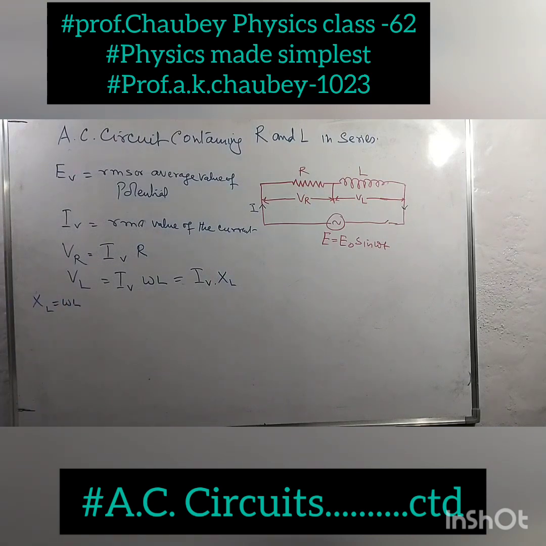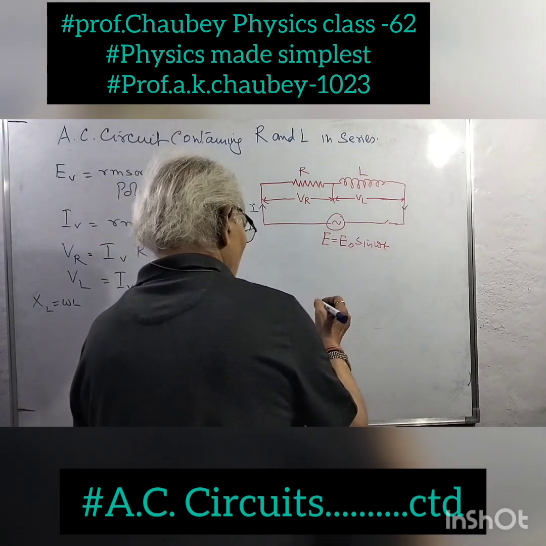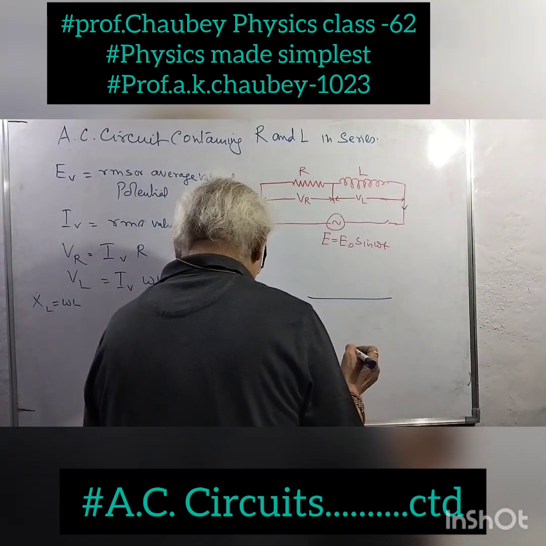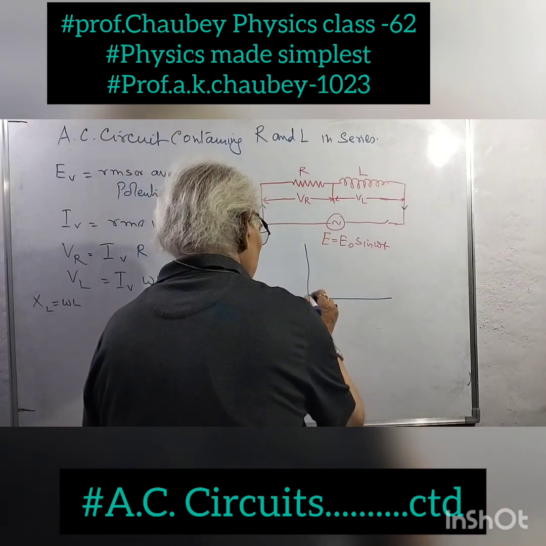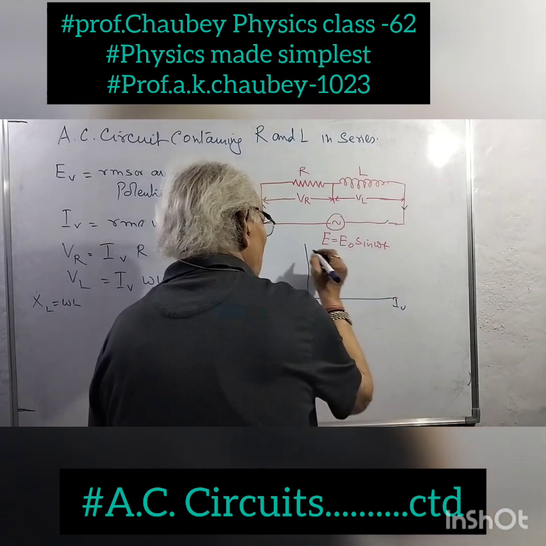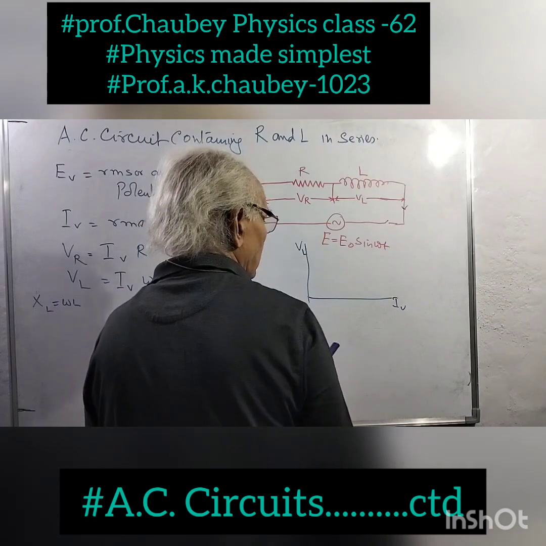So what do we have? EV is equal to, you see here we have inductance and the current I, and the potential VL, the potential across the inductance.